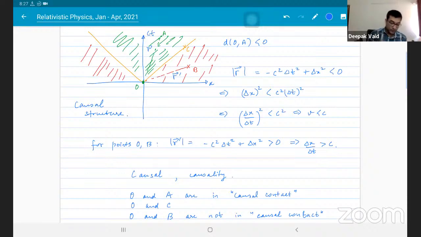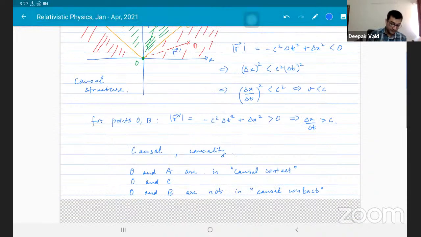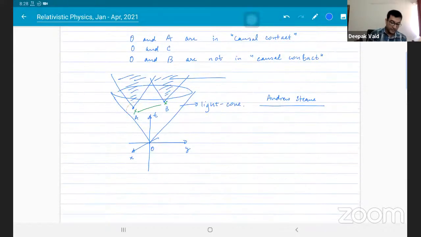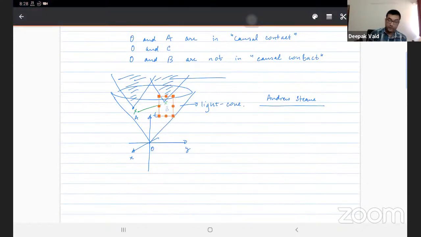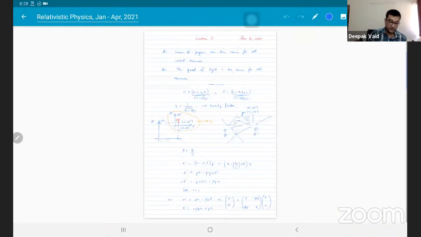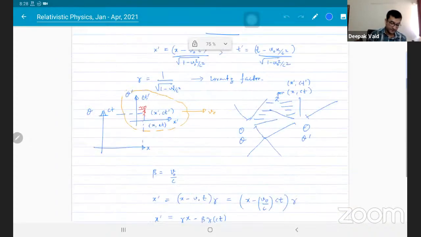But this applies only with respect to this point. The moment you look at a different point, that point will have its own causal structure, right? So you don't say a point is space-like, you say that the separation between 2 points is space-like or time-like or null. A point by itself is not either space-like or null or time-like.